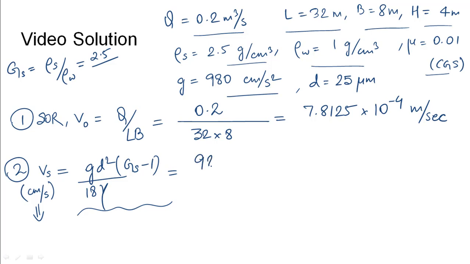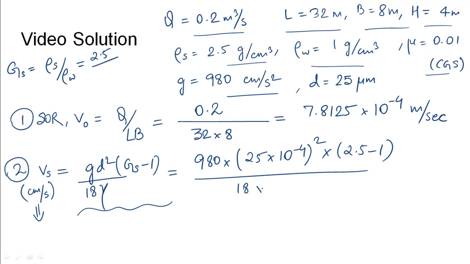So g is given as 980, d can be taken as 25 times 10 to the power minus 4, since we need to consider this in centimeters, specific gravity is 2.5 minus 1, divided by 18 times the kinematic viscosity, which is nothing but dynamic viscosity by density, that is 0.01 divided by the density of water, which is 1.